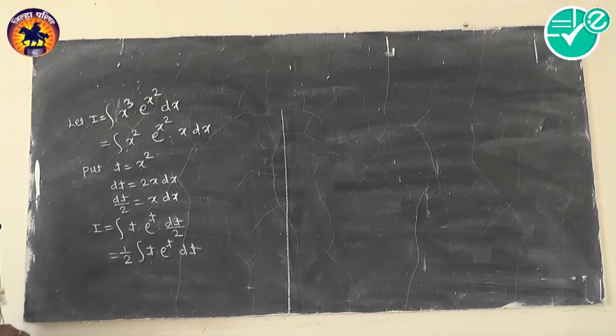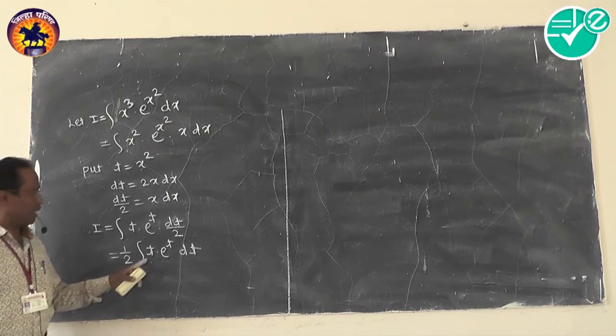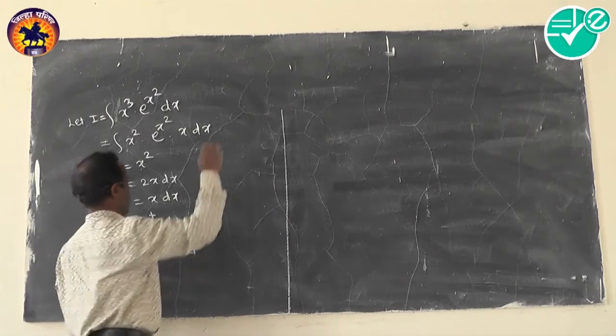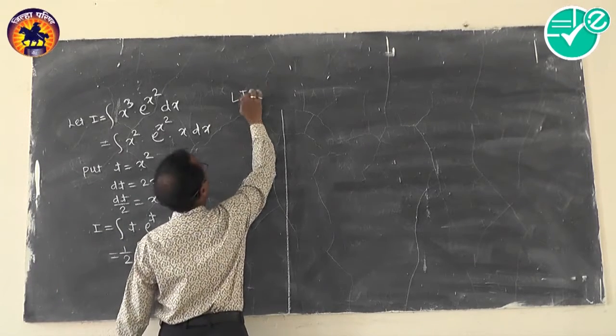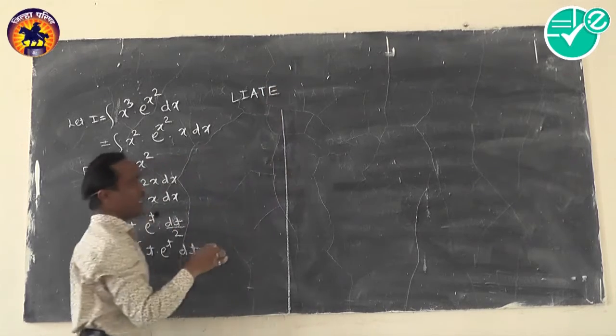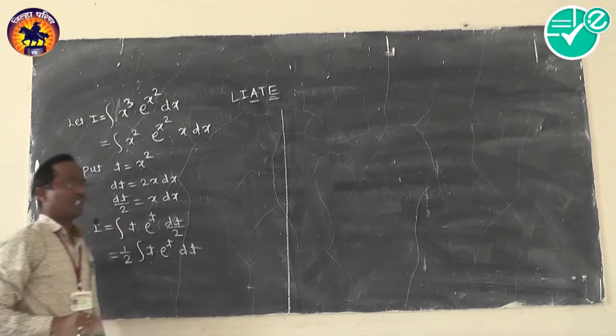Now here we will choose the first and second function. T is algebraic function and e raised to t is exponential function. So algebraic function first and exponential function second. This is the first function and this one is second function.